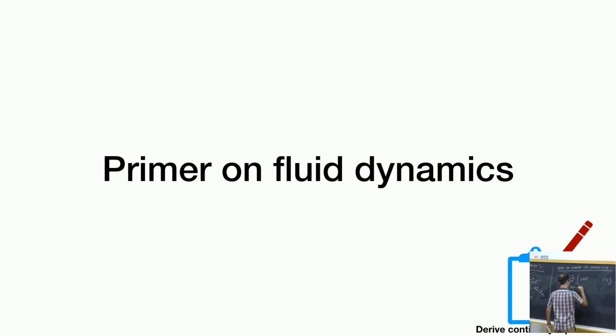flow of mass across the surface. And this net flow of mass across the surface, let's call it the mass flux, phi.